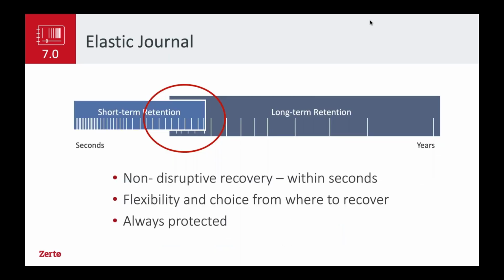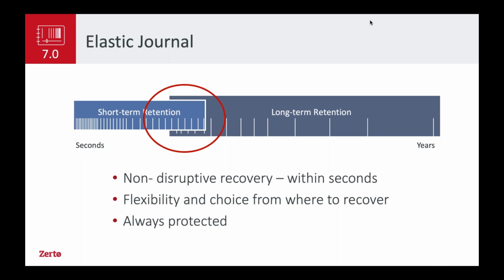But let's talk about why this is really a unique overlap. And it's really the fact that it is non-disruptive. Within seconds, you can take and make another copy of that long-term retained point in time.